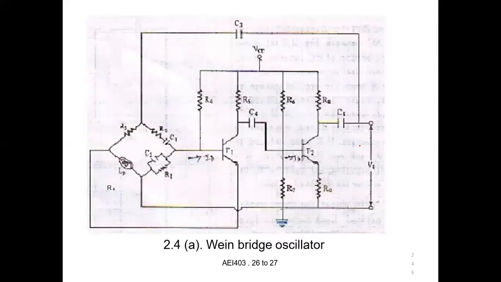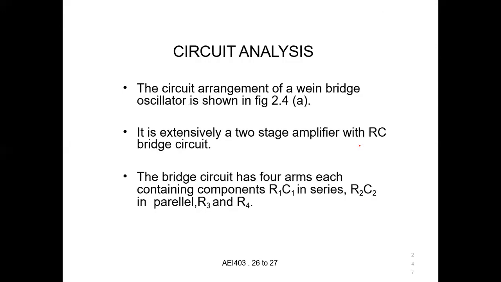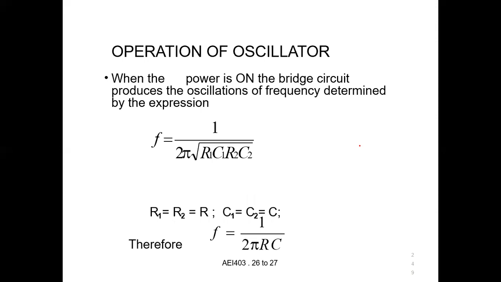Wien bridge oscillator. This is a basic amplifier circuit which has the Wien bridge network. Here we have a 180-degree phase shift, so it will produce the output. The operating frequency is F equal to 1 divided by 2 pi root of R1 C1 R2 C2. That is the output frequency with respect to the resistors and capacitors.